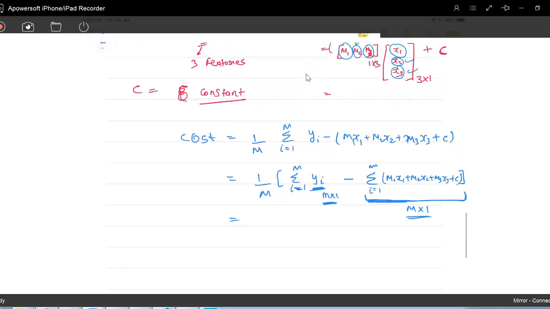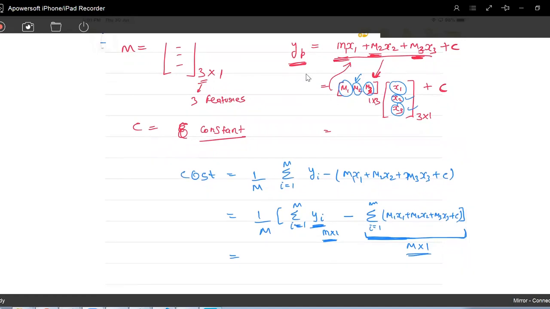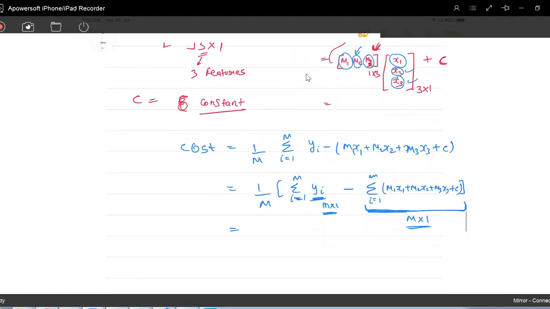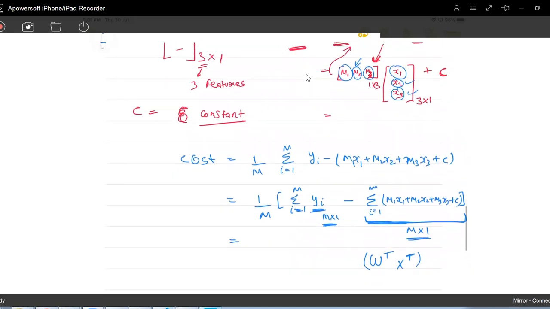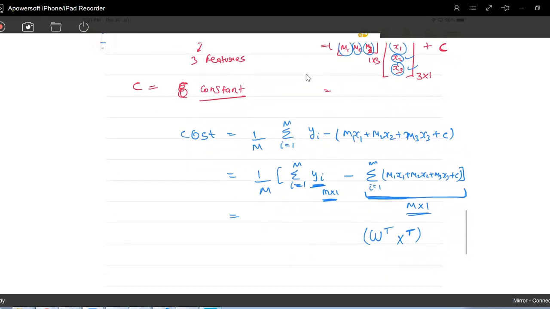So what will I do? We'll write w transpose into x transpose. See why I have written it like this.